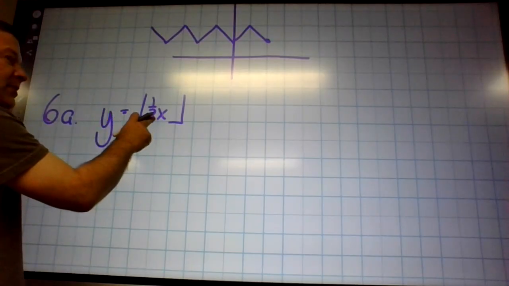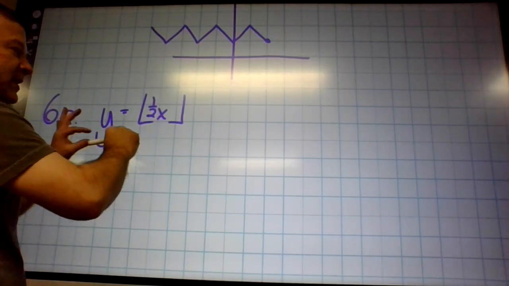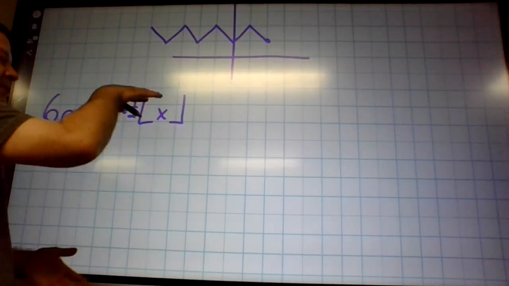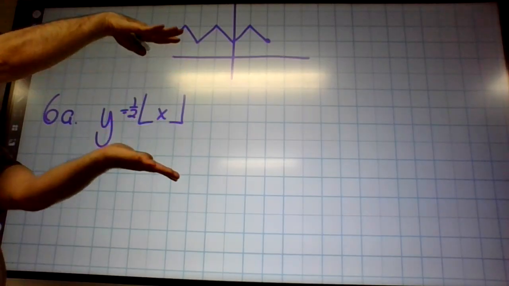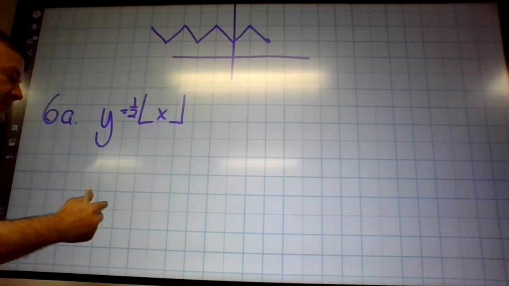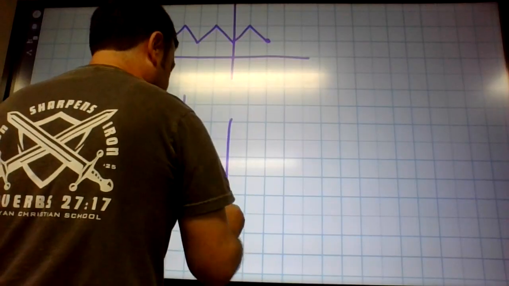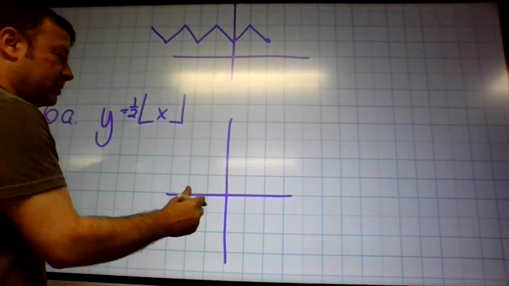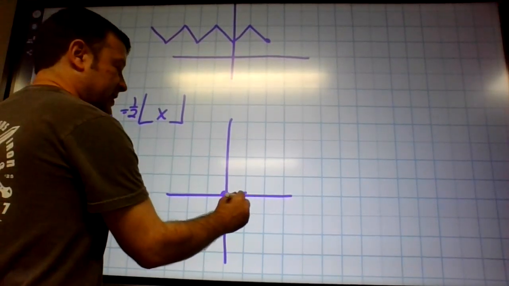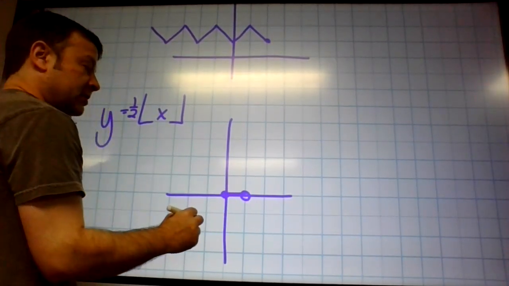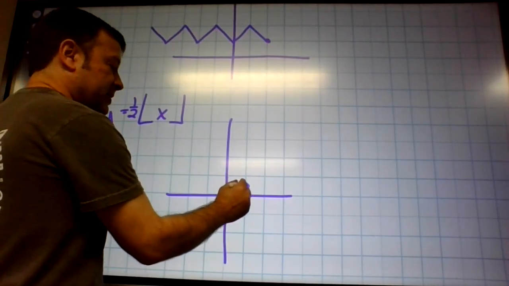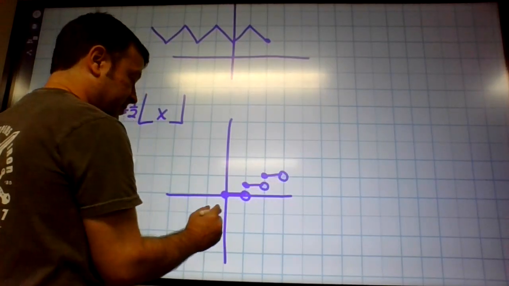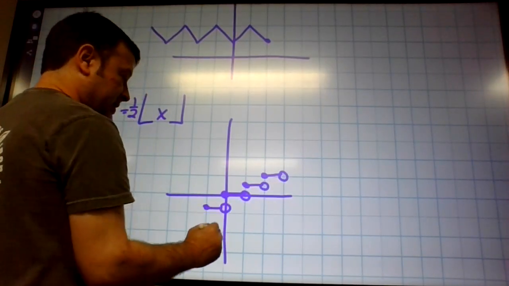If it's inside directly on the x, everything happens half as fast. That's the horizontal stretch. But this is the vertical squish. It's half as tall. So the first stair step, half of 0 is still 0, so that stair step is still right there. But the next stair step is only up half of a step, and down half of a step.